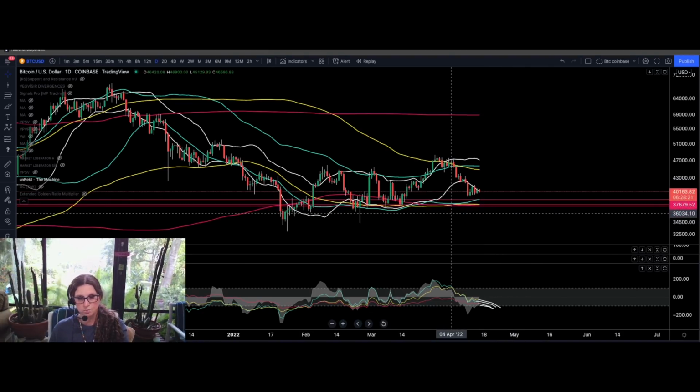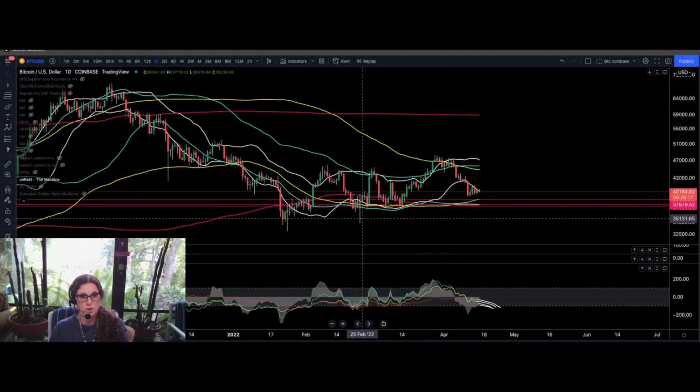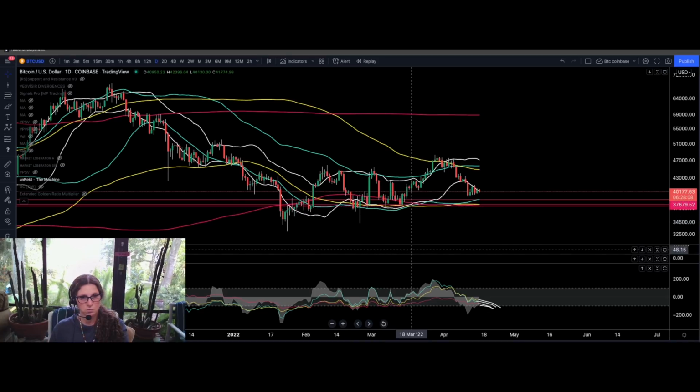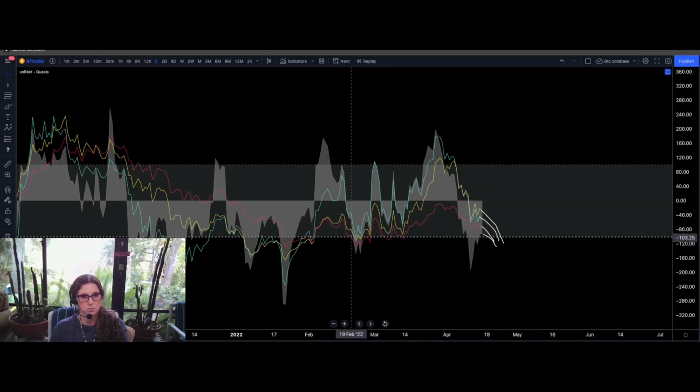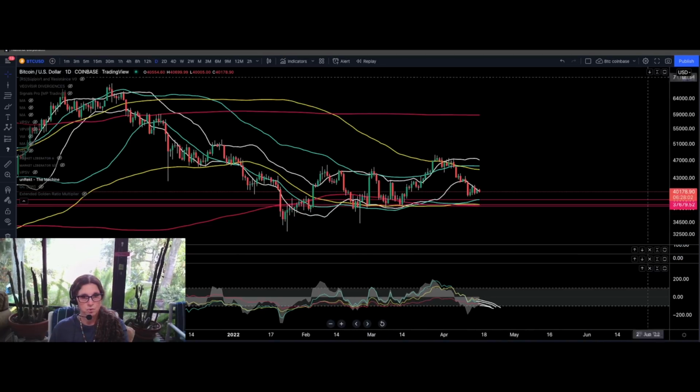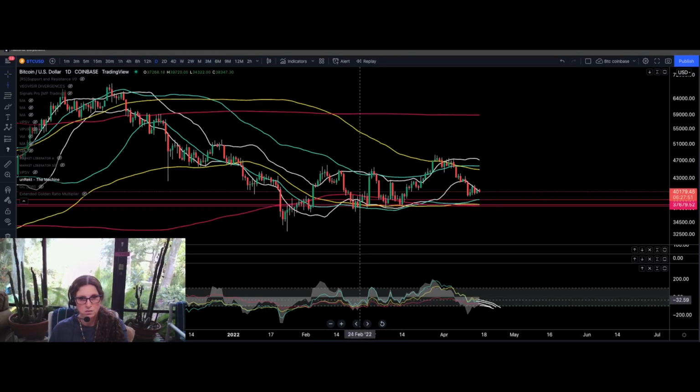This is 100% in my book foolproof. Look at this wick right here. How it wicked through, but came all the way back up to blue and closed the candle. I bet you blue was inside the box. Yes, it was. Where's that at? This candle.